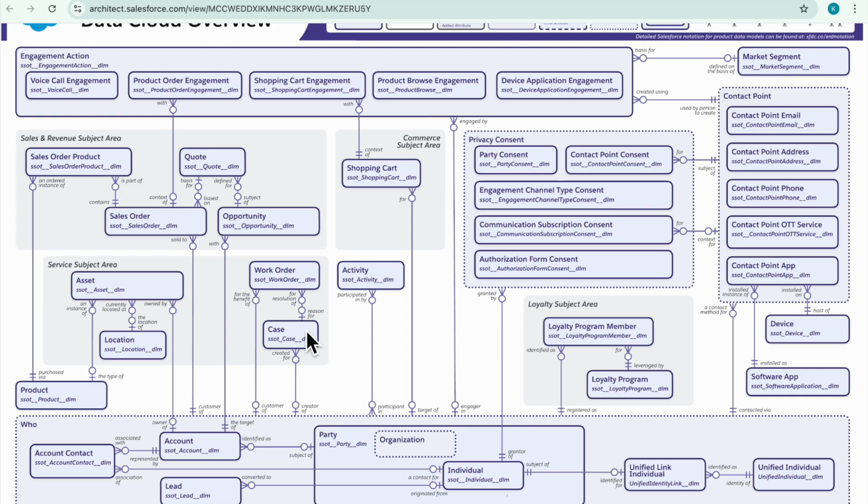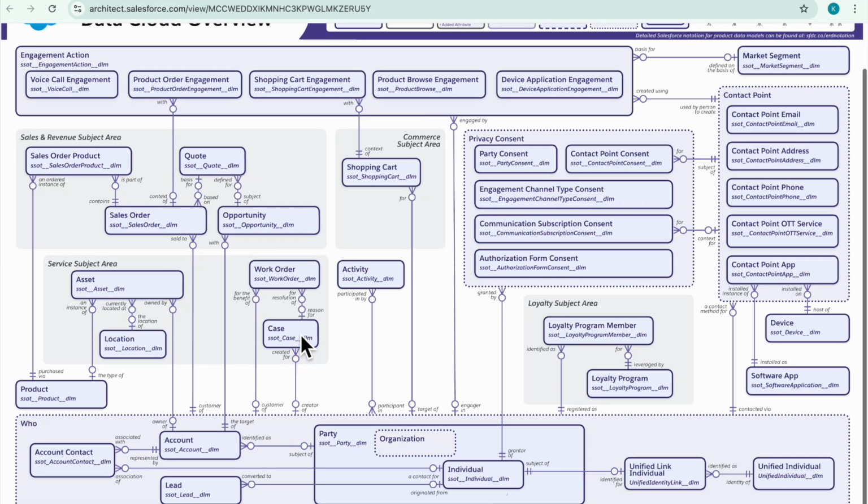A case can have multiple work orders getting created, but if the same work order is associated to multiple cases, there's a fair chance that there will be a repetition of work by the technicians who come to finish the work order. So it can be assigned to only one case, or a work order can be an individual entity, a standalone work order without being associated to a case.